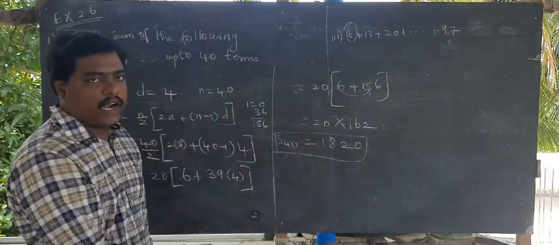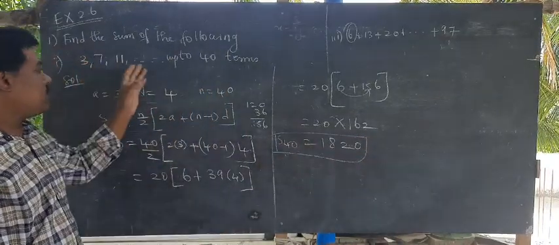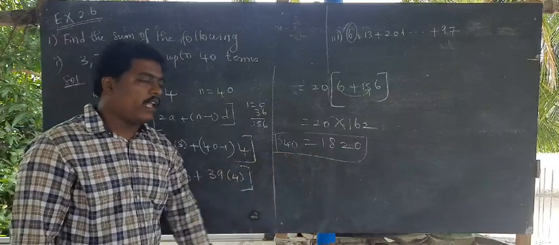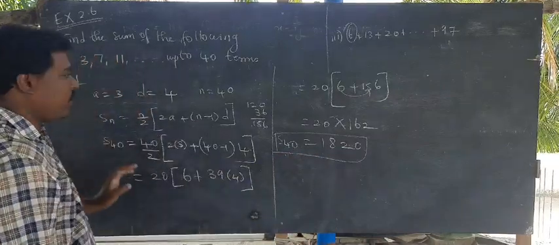Adding up to 40 terms we get 1820. This is 2 marks for you.